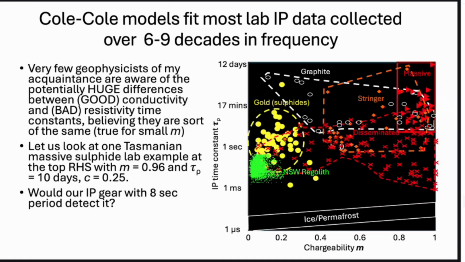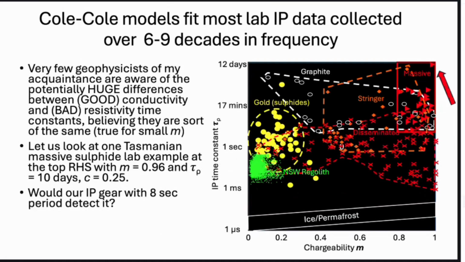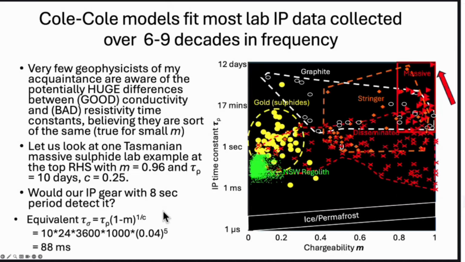If we come back to this equation and use the conductive time constant rather than the resistive one, and we substitute in the numbers, 1 minus 0.96 is 0.04, c was 0.25, so that's the fourth power.